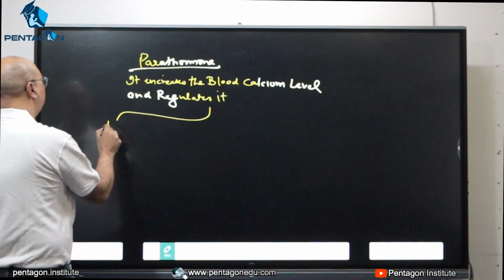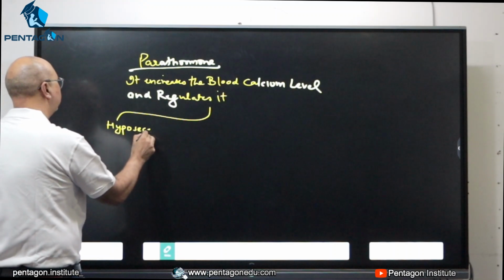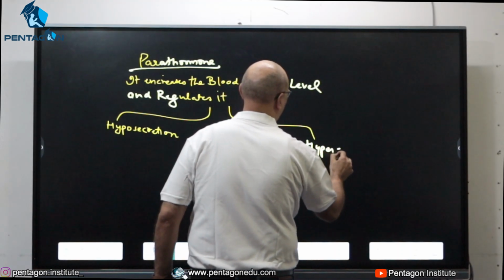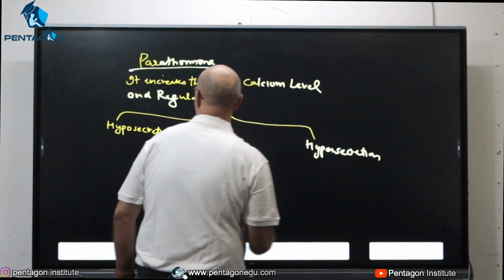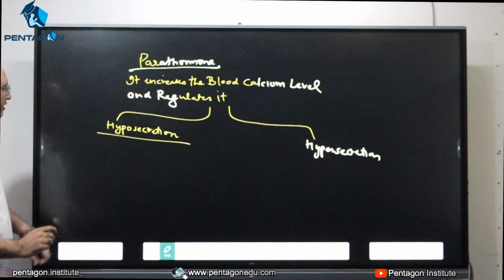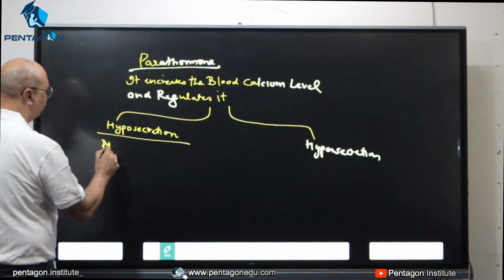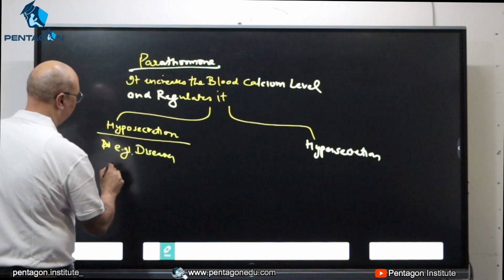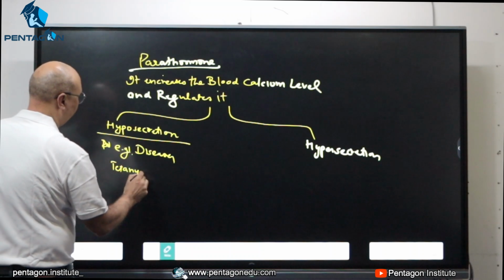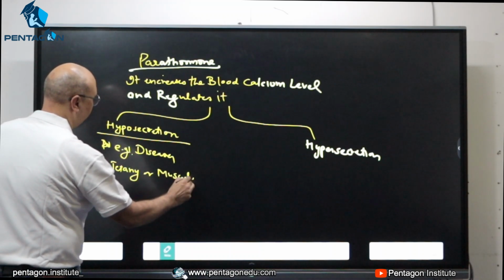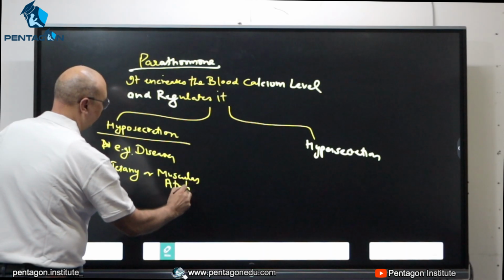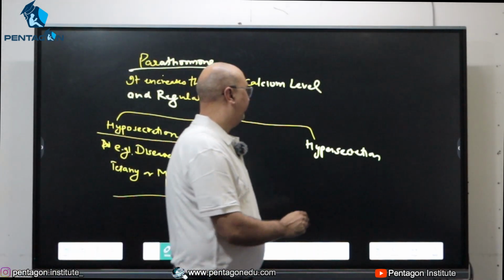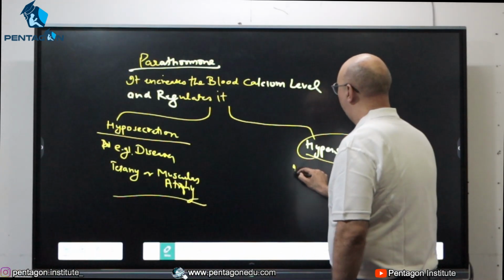In case of hyposecretion and hypersecretion: in case of hyposecretion, there comes a disease named tetany or muscular atrophy.